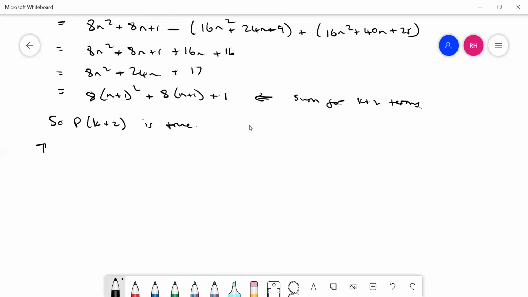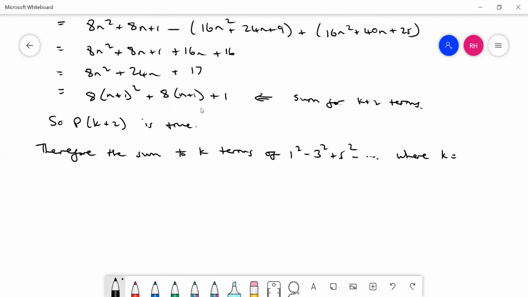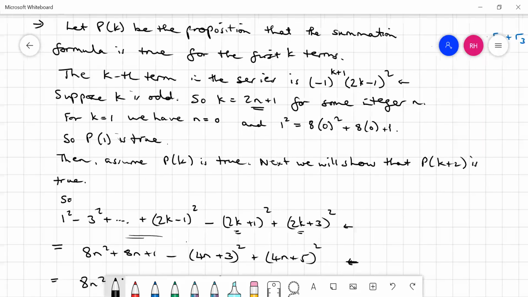and therefore the sum to k terms of 1 squared minus 3 squared plus 5 squared minus and so on, where I think, in the question it said k equals 2n plus 1, didn't it?